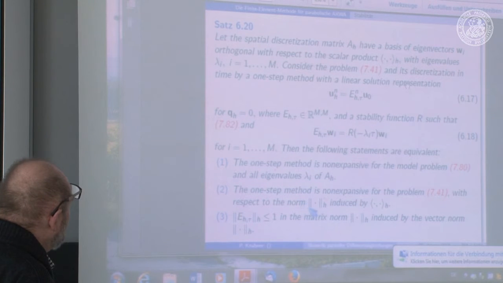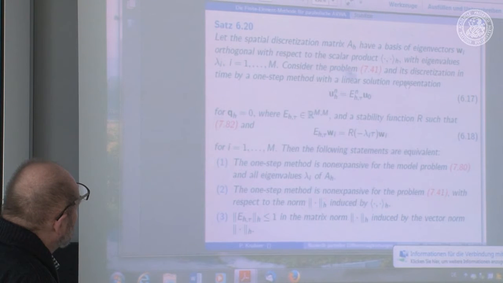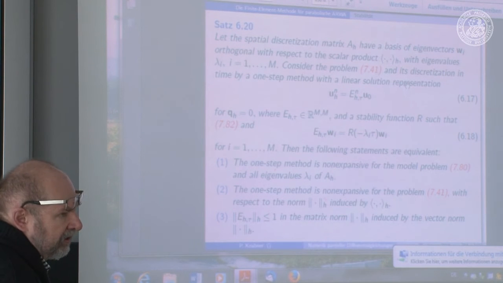And the assertion is, if the matrix norm is chosen such that it's the matrix norm induced by the discrete scalar products with which, and now our second condition comes in, we would like to have that according to this scalar product, our eigenvectors are orthogonal.